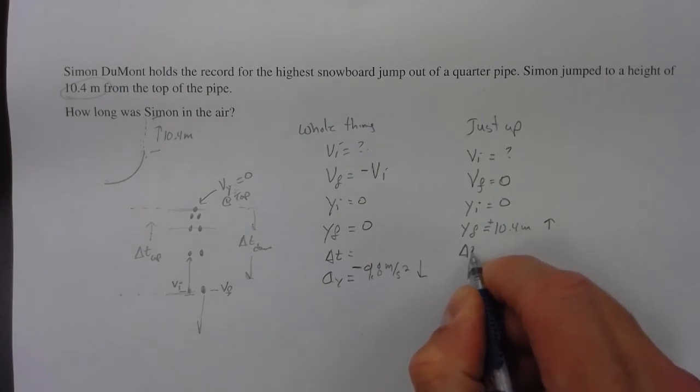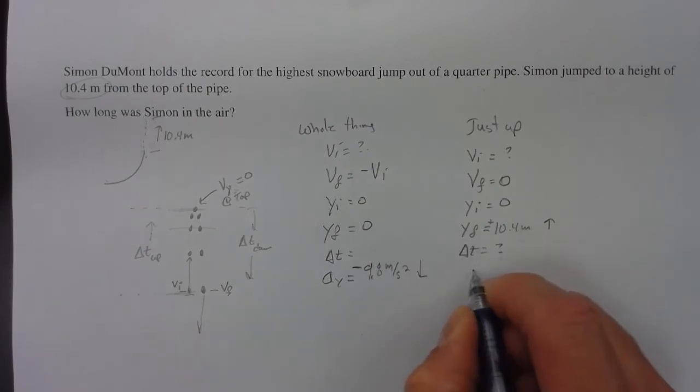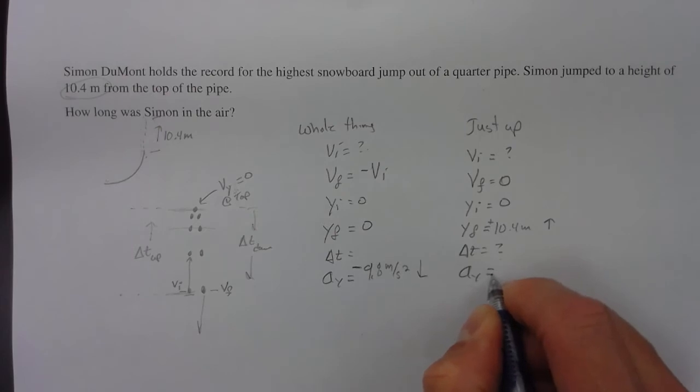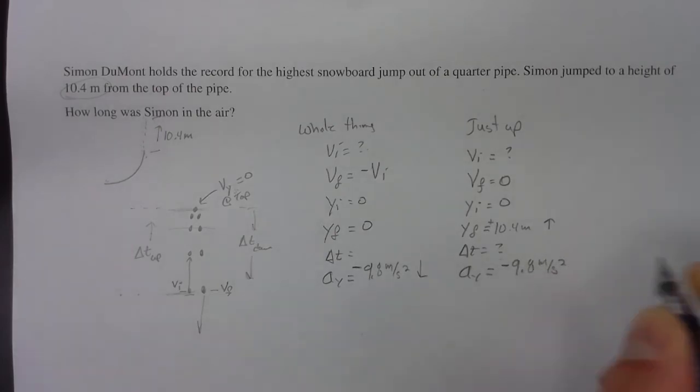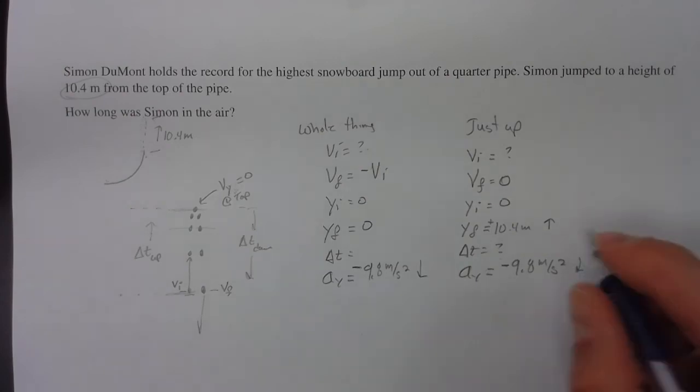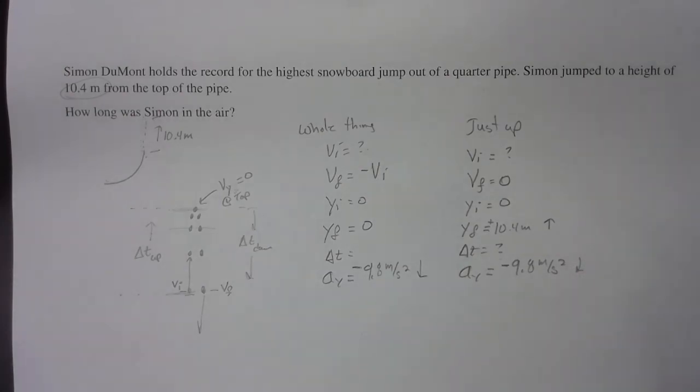The time frame, we still don't know. And the acceleration in free fall is negative 9.8 meters per second squared, and again, that's negative because it's down. Keep track of your directions. Direction is one of the reasons a lot of people get these things wrong, is they don't account for the direction correctly.